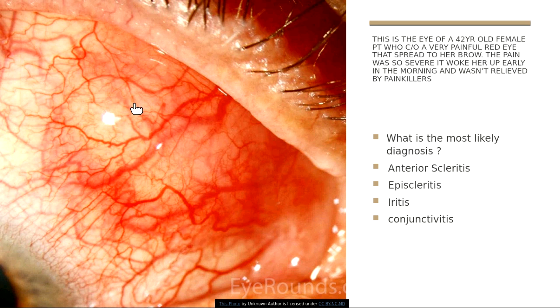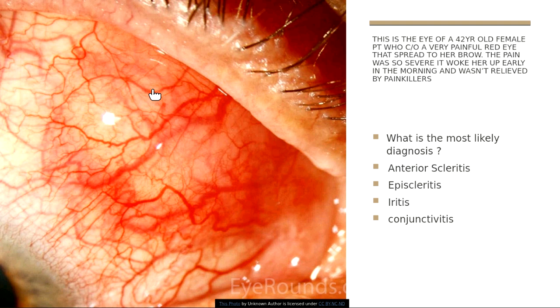I would probably say it's an anterior scleritis. Okay, so that is a diagnosis. Because how do patients with an iritis present? By a process of elimination. What is the main symptom of a patient with an iritis?